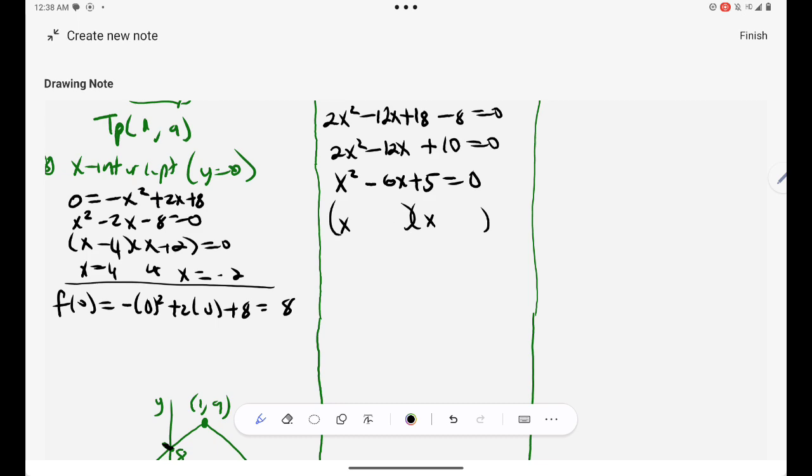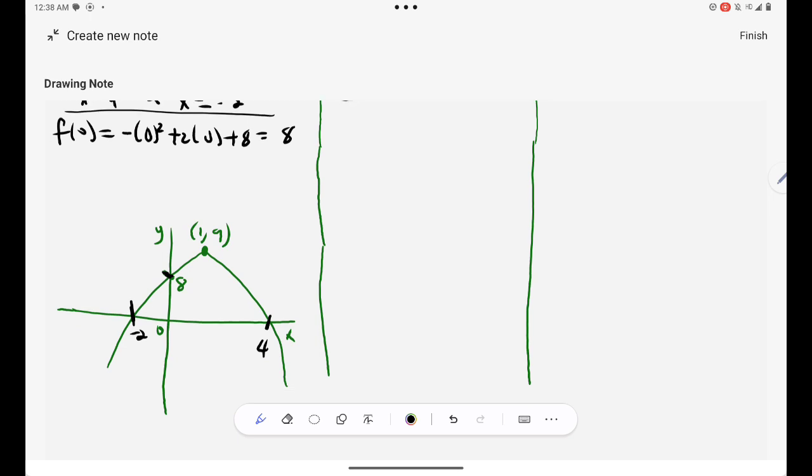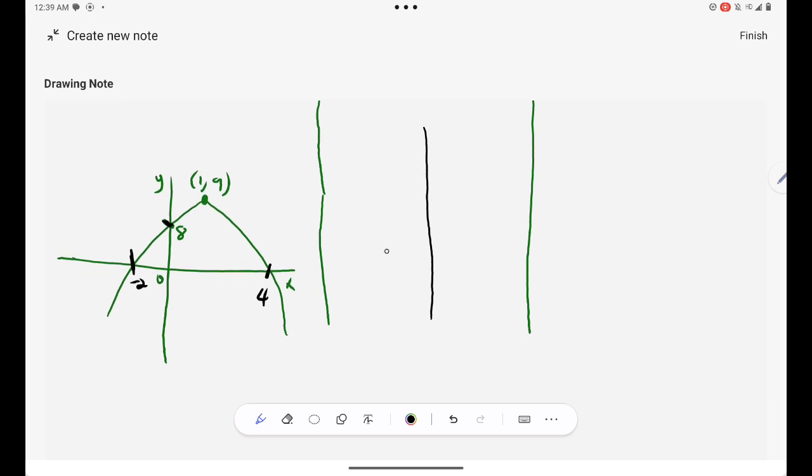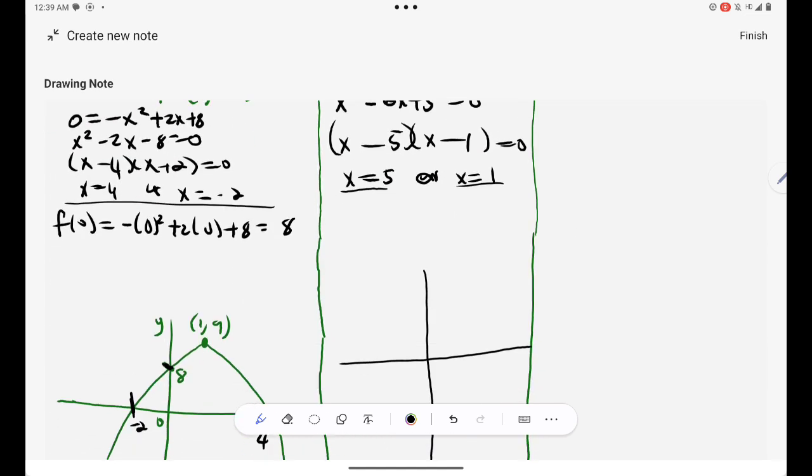The factors of 5 that when I add will give me 6 are 5 and 1. Then x is 5 or x is 1. I have 2 x coordinates, so my graph will look like this. I have a turning point there which is equal to 3 and negative 8.